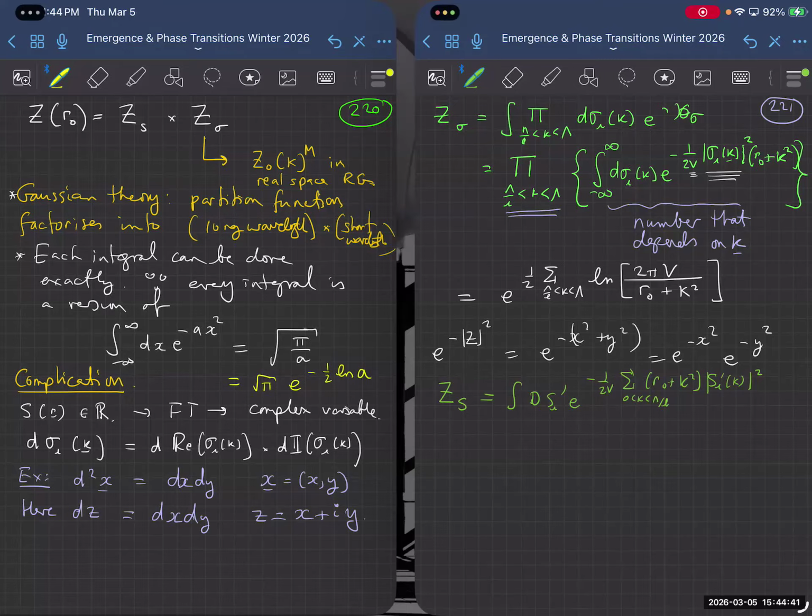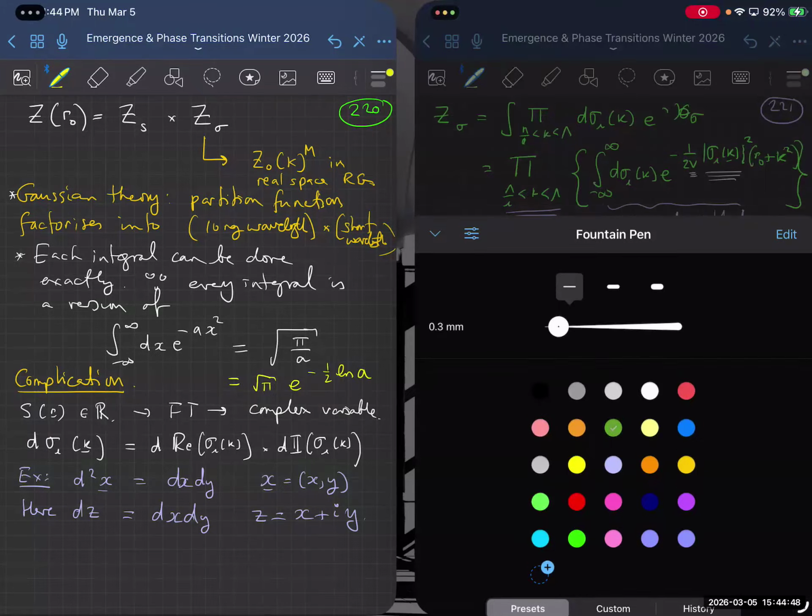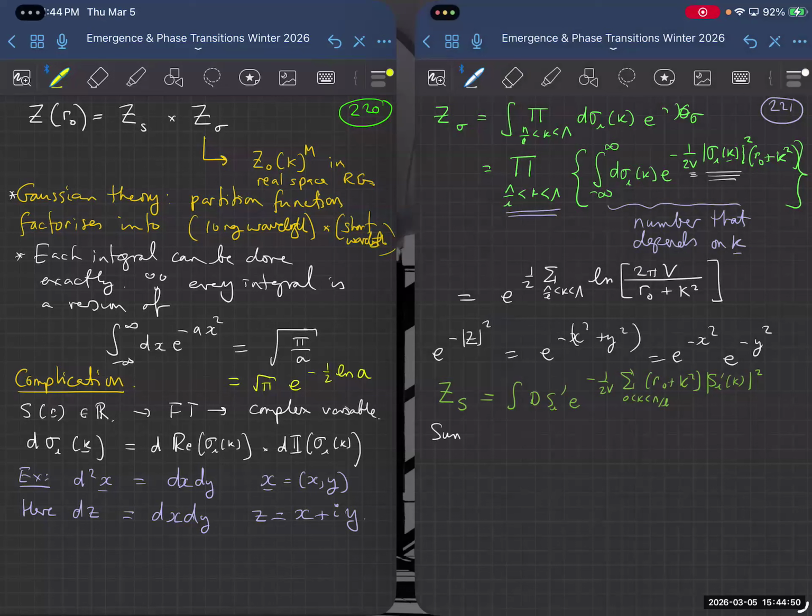Okay, so what we've got now is our partition function. Our Z is ZS times Z sigma.